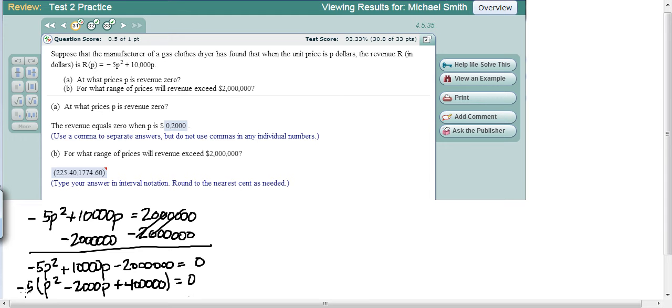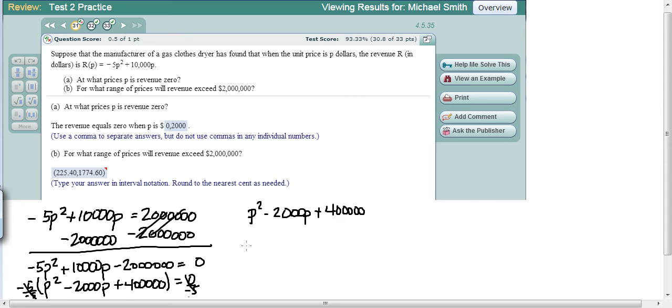And when you divide by the negative 5 on this side and then divide by negative 5 over here, the negative 5 is kind of a moot point. It's nothing that's even involved. So we're left with p squared minus 2,000p plus 400,000. So we're going to do quadratic formula on that.